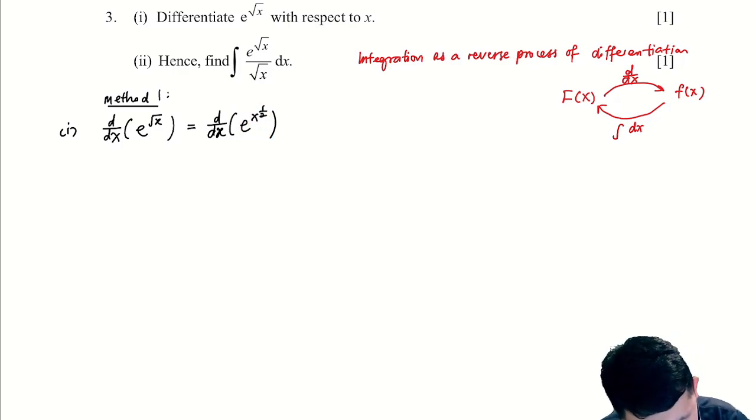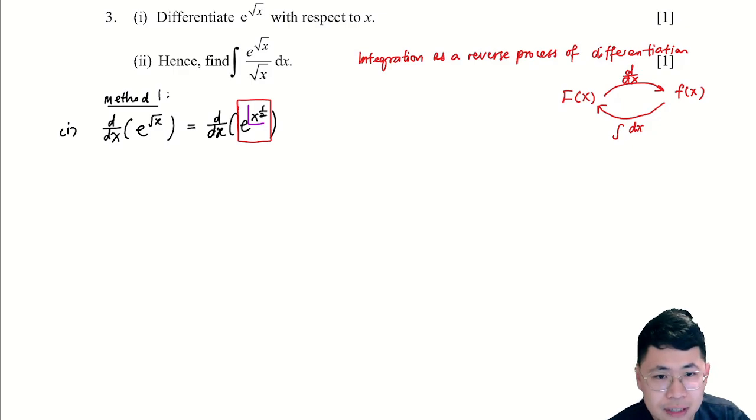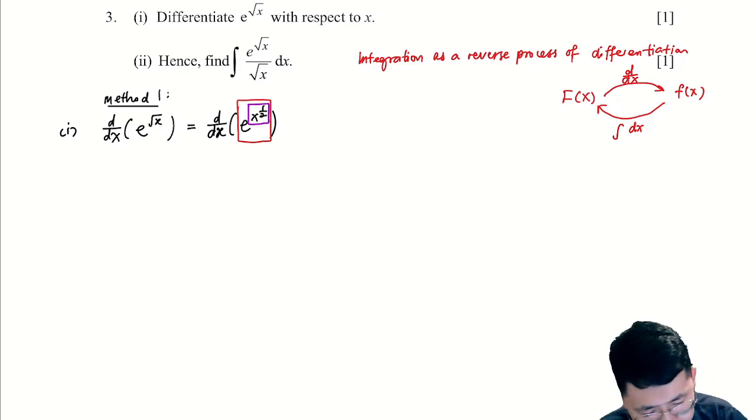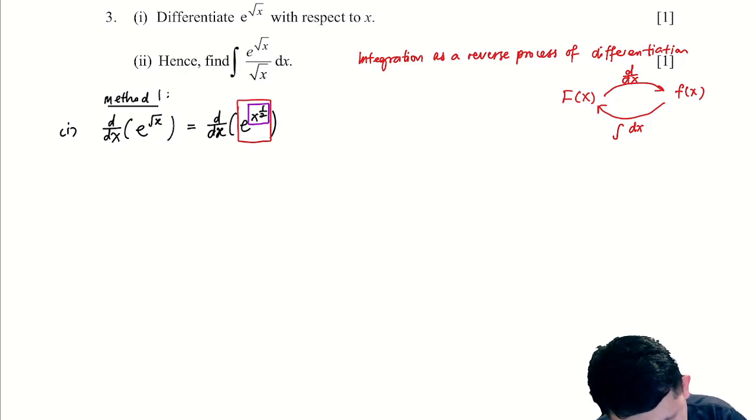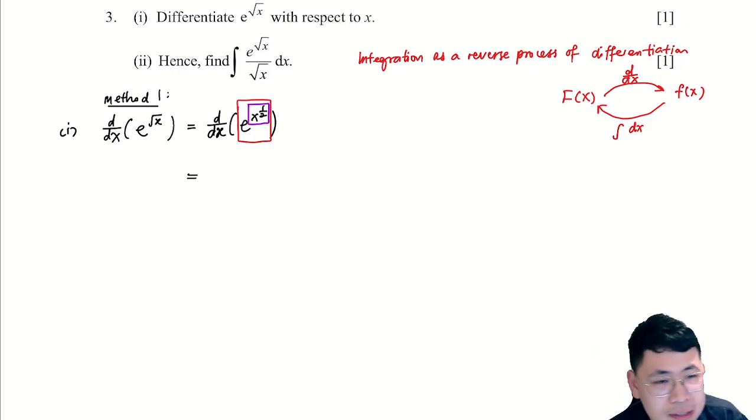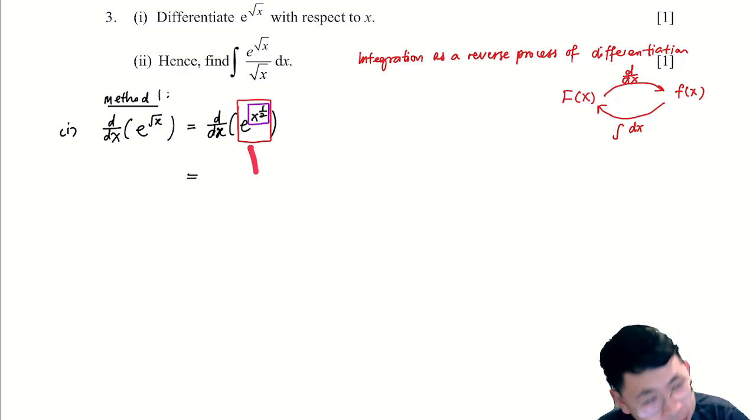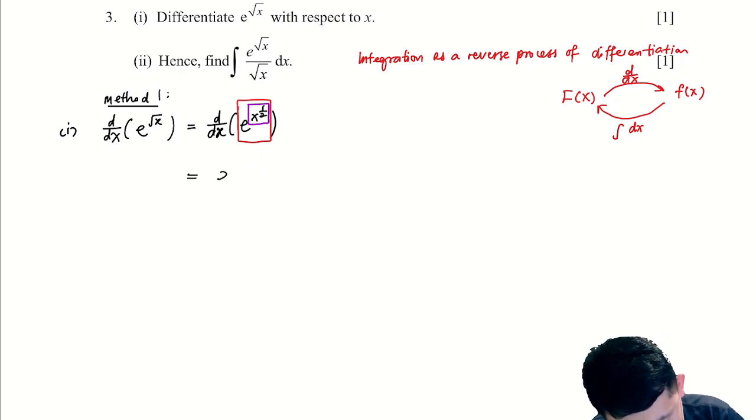So the short way of differentiation is we differentiate from outside to inside. So what do we differentiate first? We are going to differentiate the e first. So differentiating e will give us just e, and we'll copy whatever function that we have inside over here.